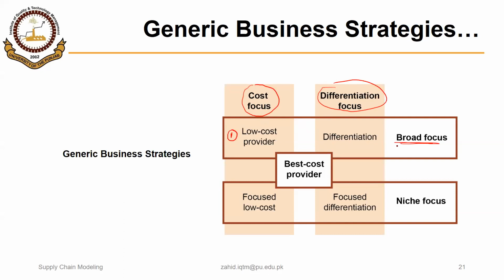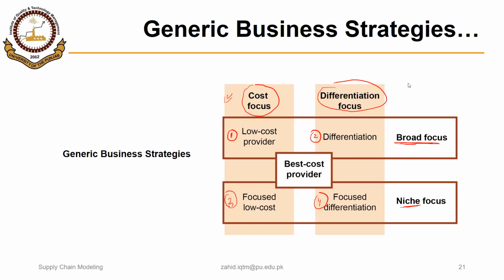If we have a differentiation strategy, but the focus is broad, that is called simply differentiation or broader differentiation strategy. If the focus is on providing low cost products or services to a narrow segment of the market, that is the third, focused low cost. And if you are providing differentiation to a narrow market, that is called focus differentiation. The focus is niche, specific to a segment of the market.